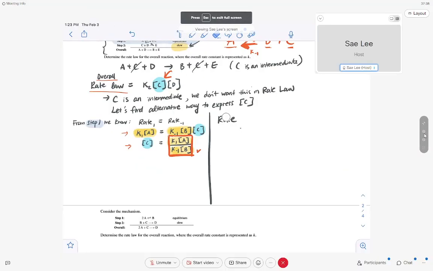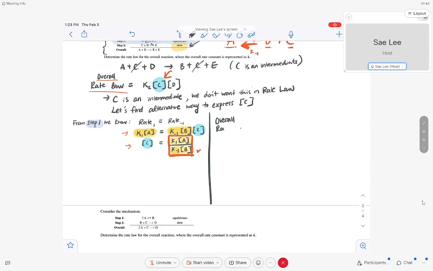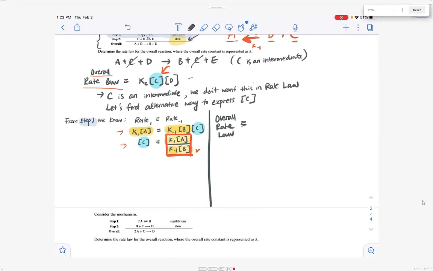So the overall rate law equals, I'm going to rewrite this, K2, concentration of C, concentration of D. We're going to keep the K2.